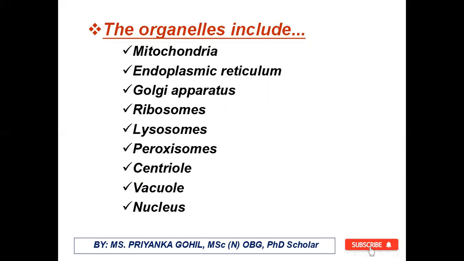They range in size from a few nanometers to many micrometers. They are specialized to carry out one or more vital functions of the cell, and these organelles include mitochondria, endoplasmic reticulum, Golgi apparatus, ribosomes, lysosomes, peroxisomes, centrioles, vacuoles, and the nucleus. This we have seen in the structure of the cell.